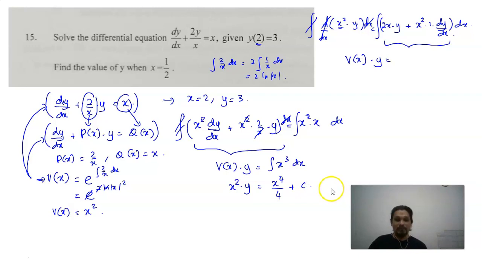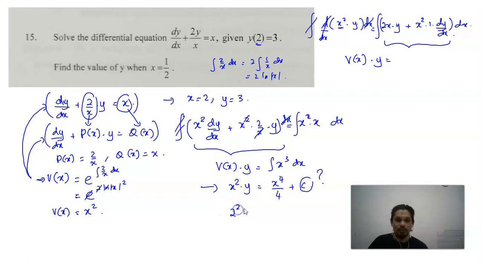You may simplify if you want to, but let's find out the value of c. It is time for us to substitute the values of x and y, where x equals 2 and y equals 3.